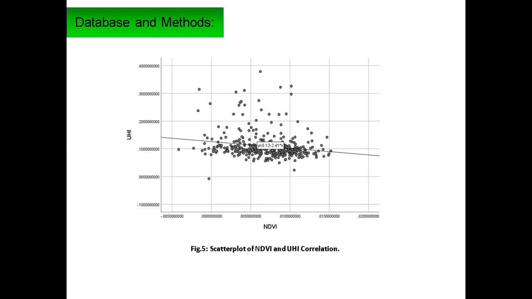The equation of this linear relationship has been brought in here, as you can see, in the center of this scatter plot, which shows that UHI is negatively correlated with NDVI. And the correlation is not that strong, it's very low.